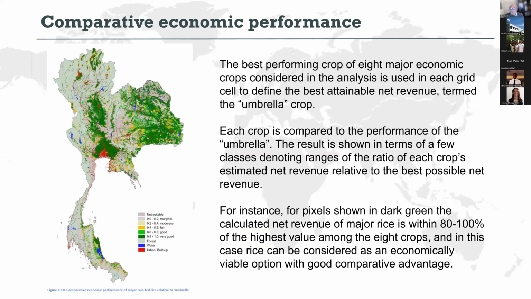When we then have a number of crops assessed in this way, like here in Thailand, 8 major economic crops were considered in the analysis, and in each grid cell we selected the highest performing crop to define the attainable net revenue of that grid cell, and that was called the umbrella crop.